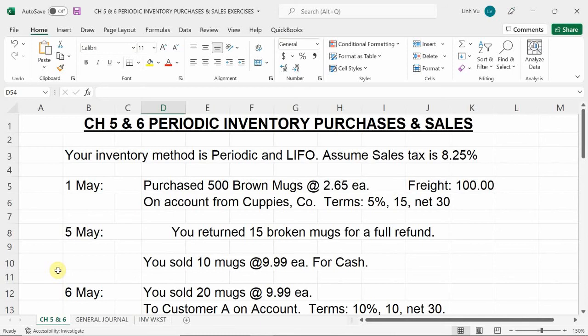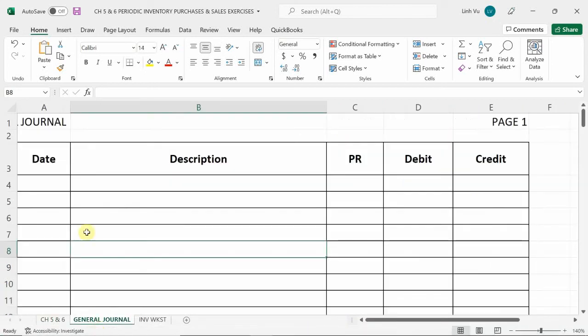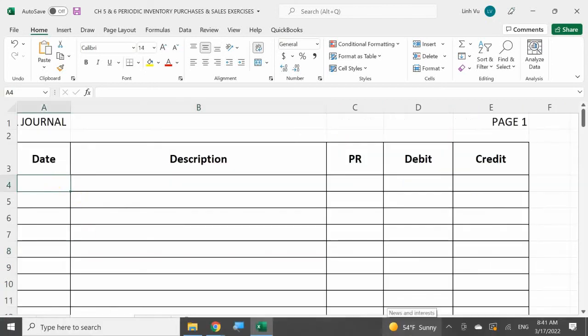So we purchased 500 brown mugs at $2.65 each with a freight of 100. So it is May 1st. How do we journalize a purchase of periodic inventory?